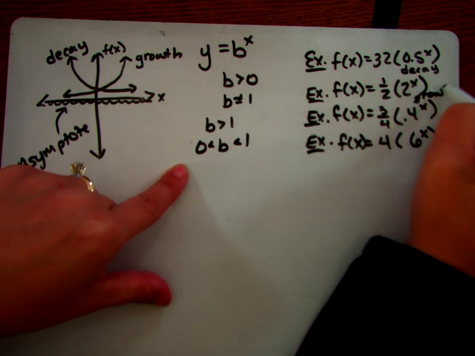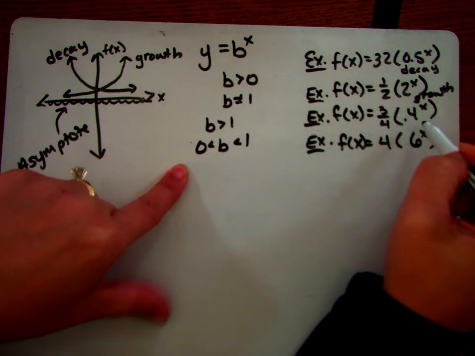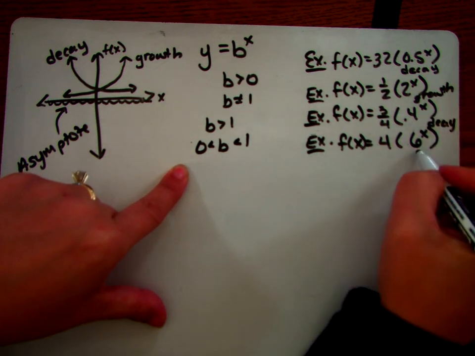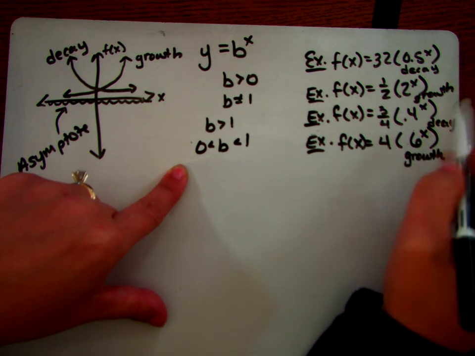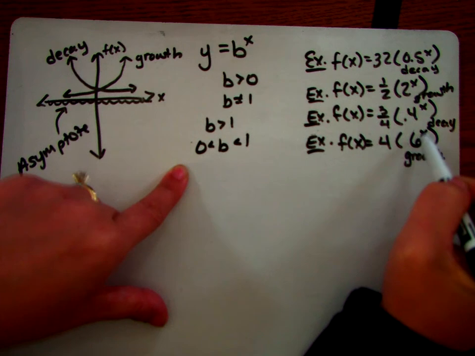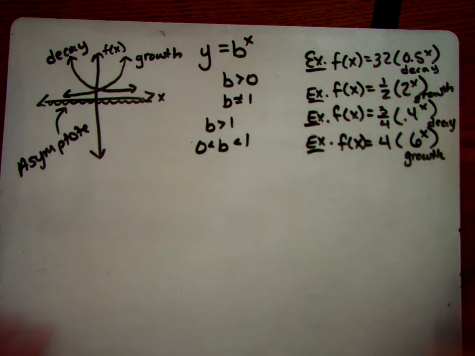That is growth. 0.4, that's decay. 6, greater than 1, that is growth. So the other numbers out here do not matter. You are looking at the number that is raised to the exponent.